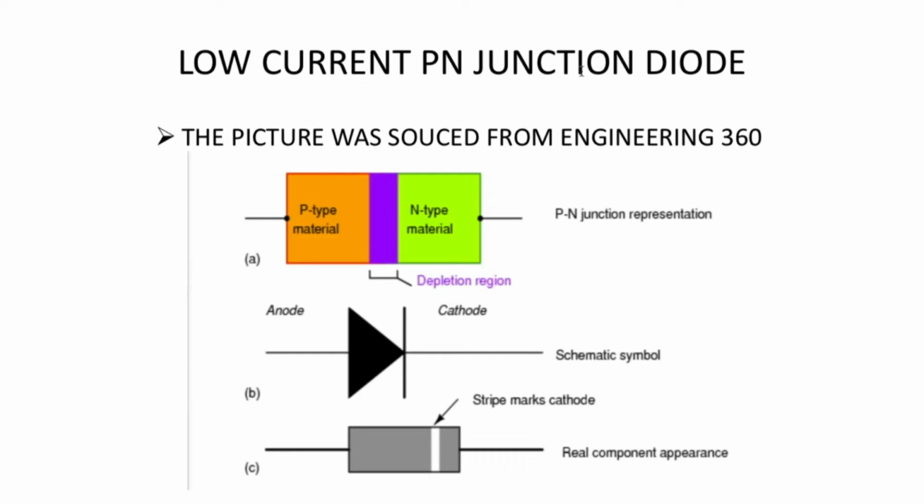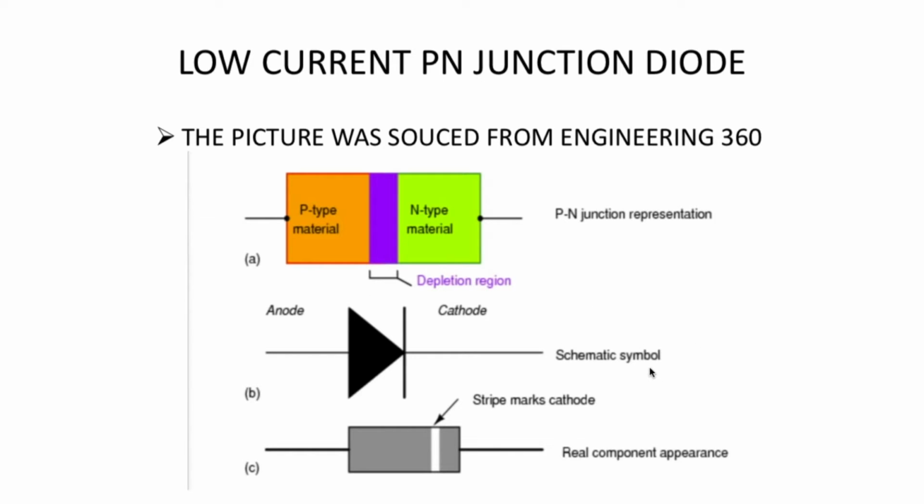At the top, a PN junction is represented. That's what we were talking about in our previous lesson just now. The following one, it's a what? It's a schematic symbol. These symbols, you must know them.